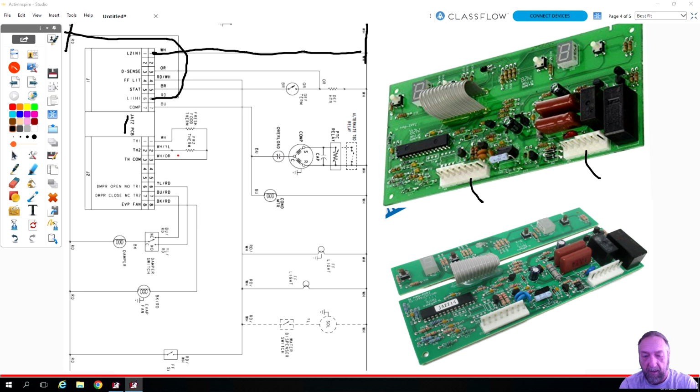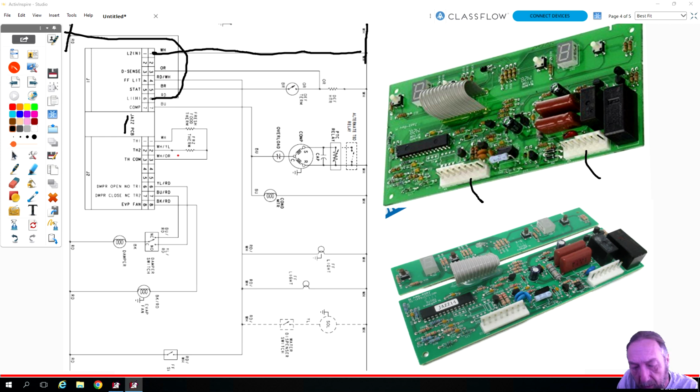Y'all can see that? So now I'm going to find this red wire here. And that red wire is a little hard to get to. It's buried in the middle. Let's see here. And this red wire is right there. And if we look at it, it's the third wire up on the other side.